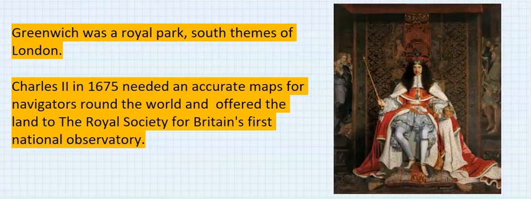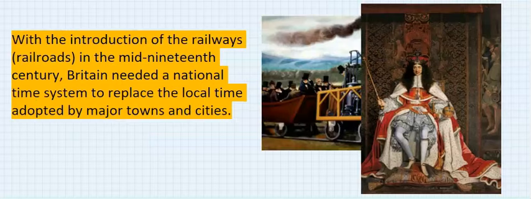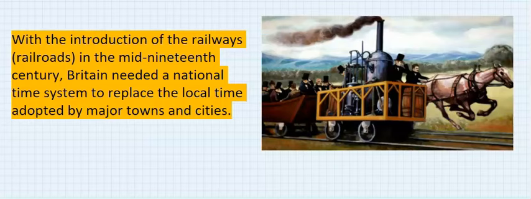Charles II in 1675 needed accurate maps for navigators around the world and offered the land to the Royal Society for Britain's first national observatory. With the introduction of the railways in the mid-19th century, Britain needed a national time system to replace the local time adopted by major towns and cities.